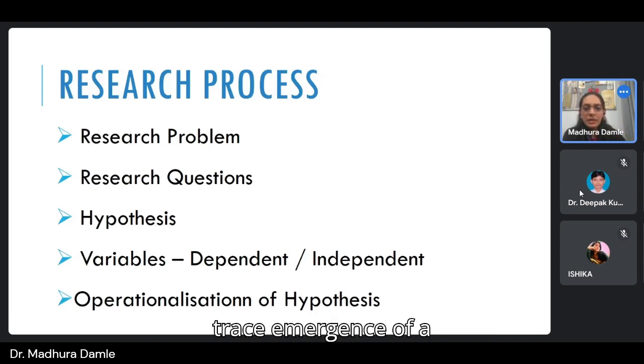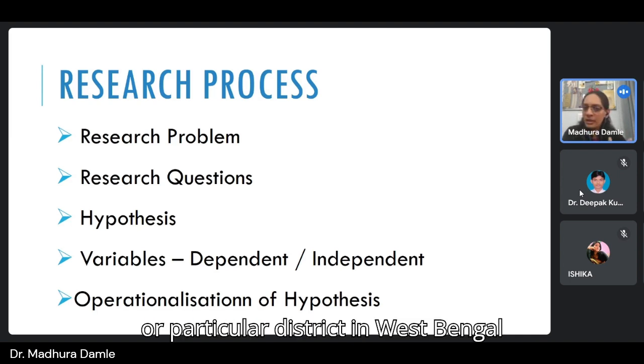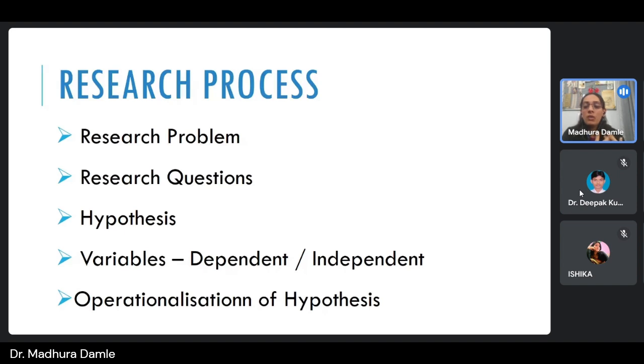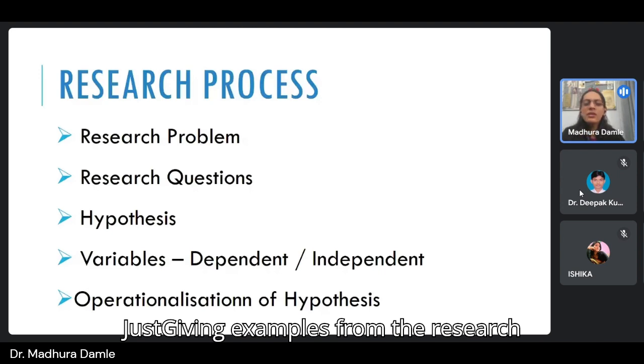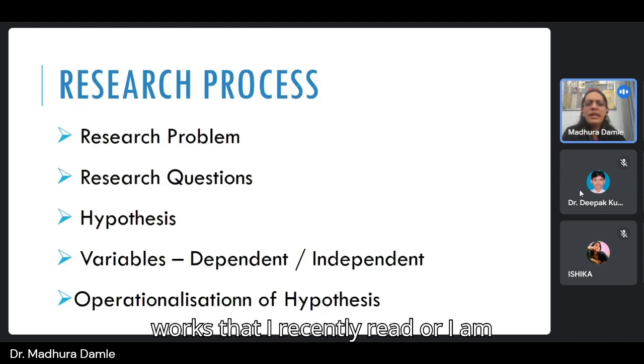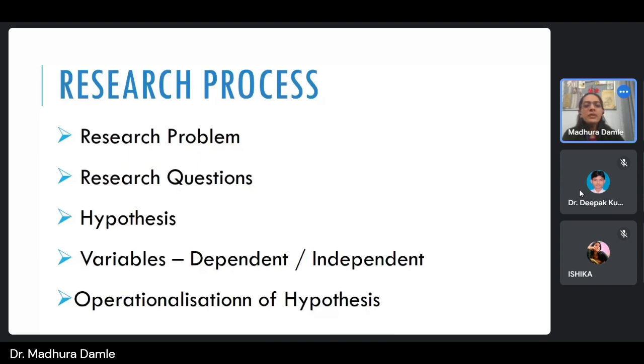Let's say, to trace the emergence of a particular caste organization in a particular community, or particular district in West Bengal, or to explain, let's say, festivities and claiming of public space in the context of caste politics. I'm just giving examples from the research works that I recently read or I'm familiar with.